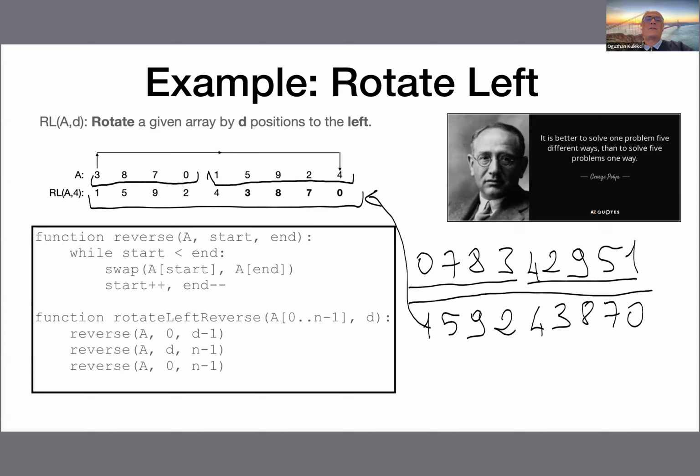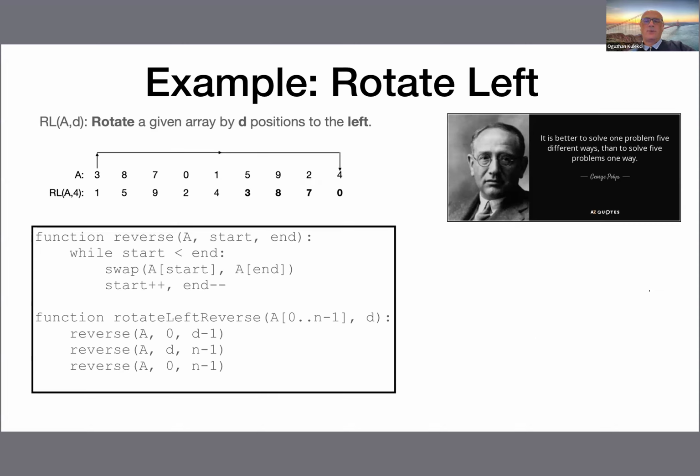That is why using the reverse operations for the rotate left is a very elegant algorithm, and in real life, it is the most widely used version of all possibilities. Once we are caught by the beauty of this solution, let's see how the complexity works.